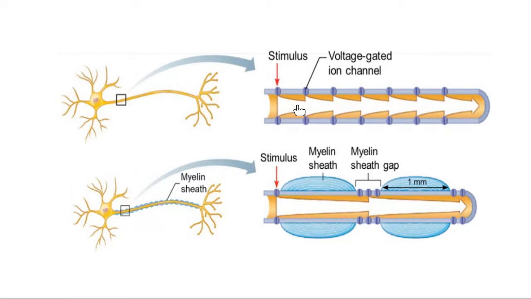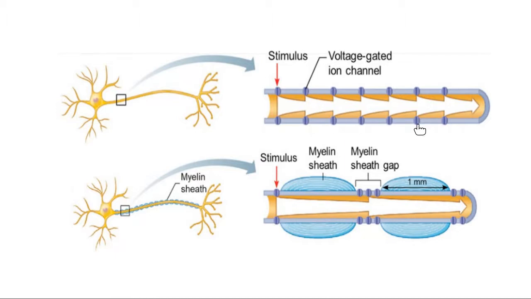So when I don't have myelin, I have to put in another voltage-gated sodium channel, not that far from my last one, to bring in a bunch of new sodium, because as I move a little ways, I'm still losing my charge. I've got to put in another one, and another one, and another one. When a neuron sends a message without myelin, there are voltage-gated sodium channels all along the axon.